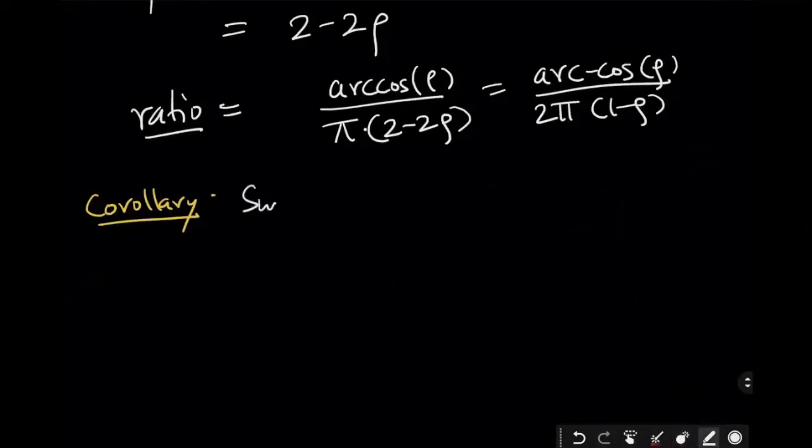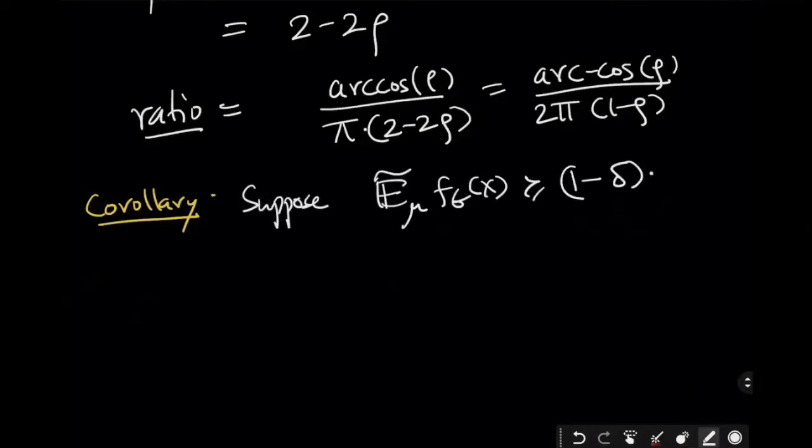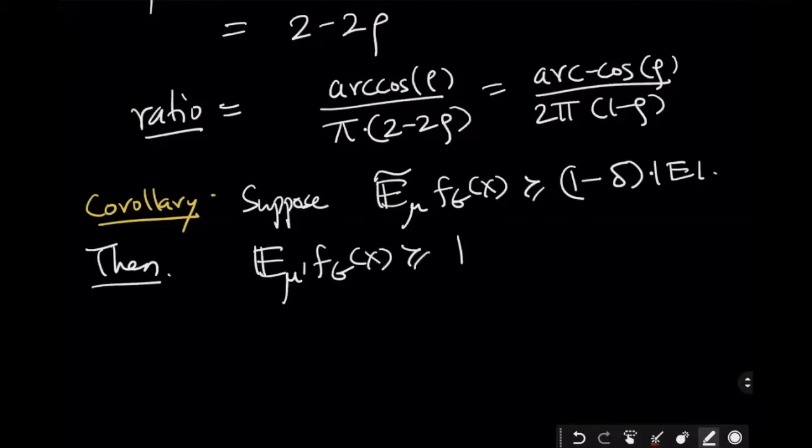So suppose E tilde mu f_G(x) is at least 1 minus delta times E. So let's say that the SDP, or the sum of squares of degree 2, says that there is a cut of size 1 minus delta times E, then E mu prime f_G(x) is at least 1 minus O of square root delta times E.